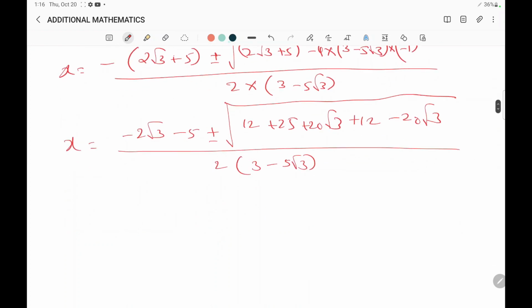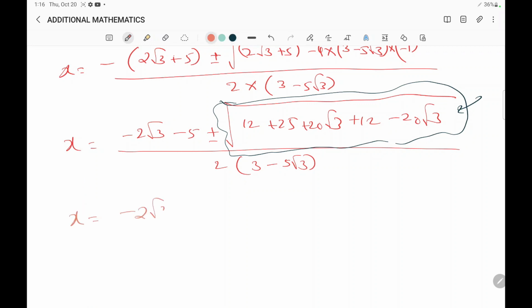Here we have to check very carefully inside this root. So x is minus 2 root 3 minus 5 plus minus. Please check here carefully.